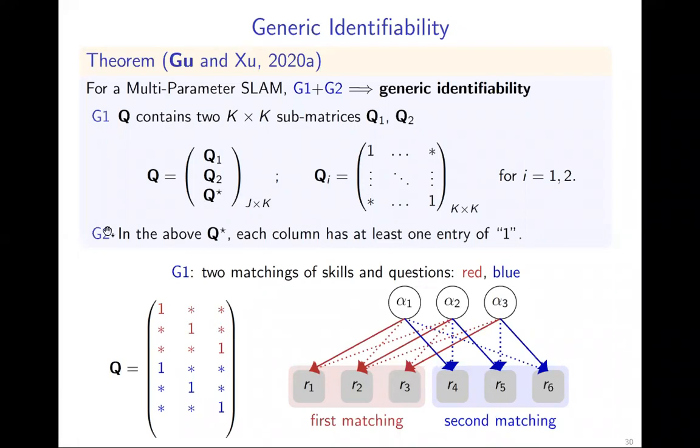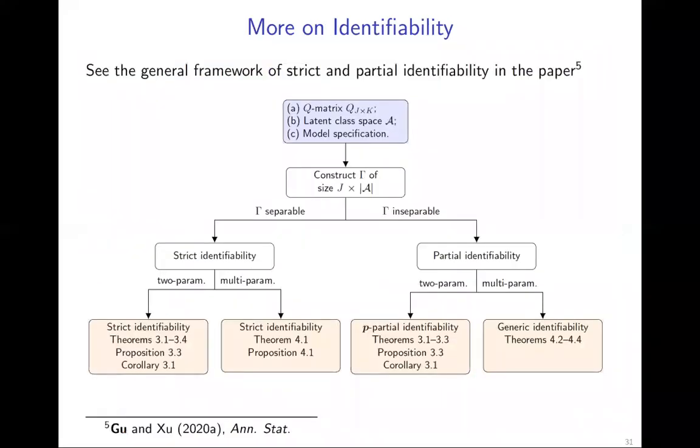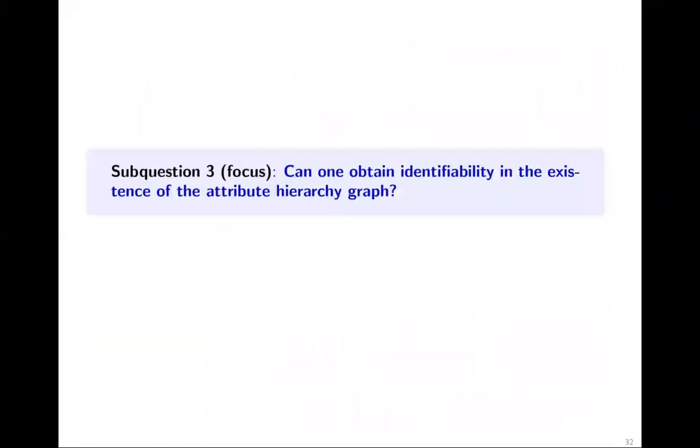The second condition says that in the remaining Q star submatrix part, each column needs to have at least one entry of 1. So from these two conditions, we can see that we no longer require the Q to contain any identity submatrix, which is a huge relaxation of existing conditions and can be more applicable in practical scenarios to guarantee identifiability. More results can be found in our paper.